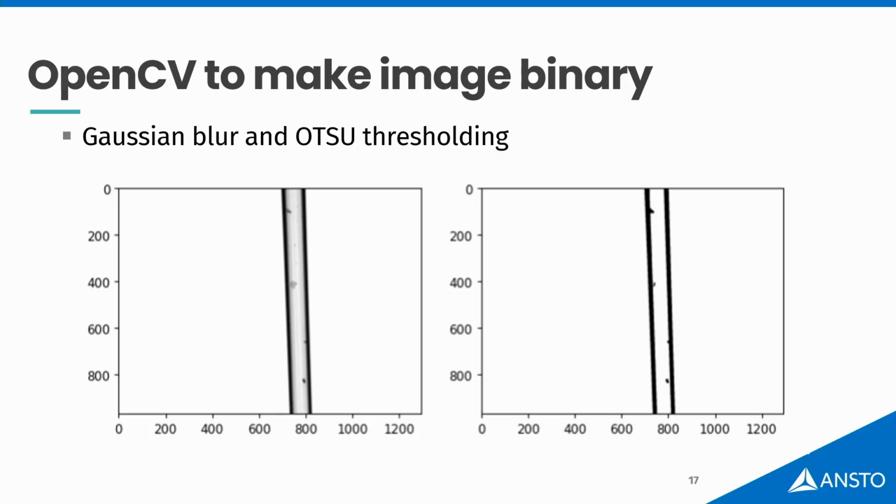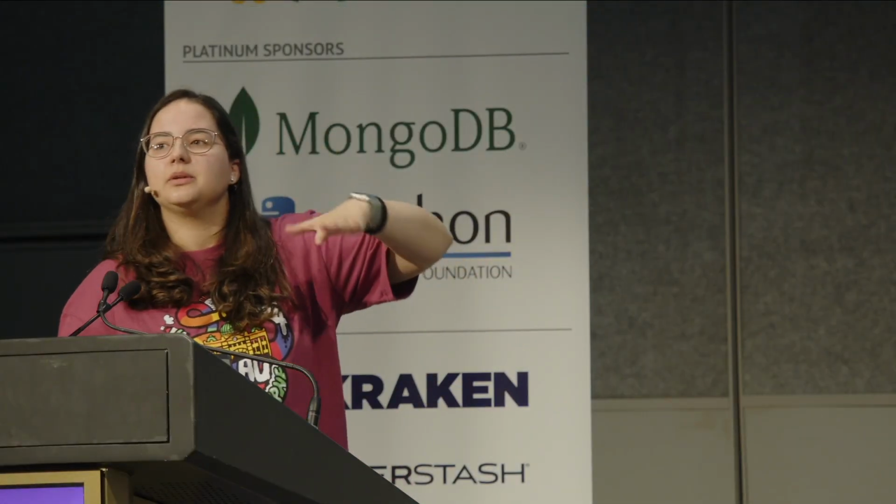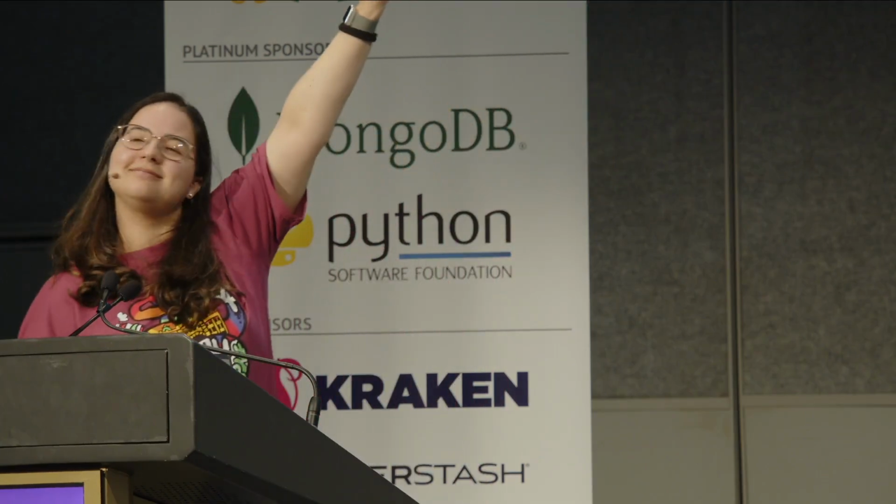And that's so much easier for me to work on from now on. Because if I look at this binary array row by row, I'm going to look at where the capillary starts, where the capillary ends, which will be where the black starts and ends. And then I'm going to find the middle of that for all of the rows. And then I'm going to have a midpoint throughout the capillary. That's what I did with NumPy.